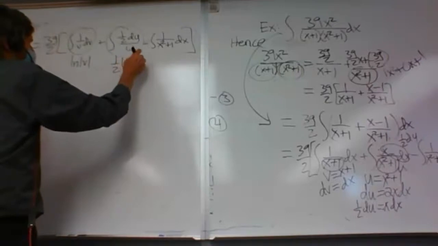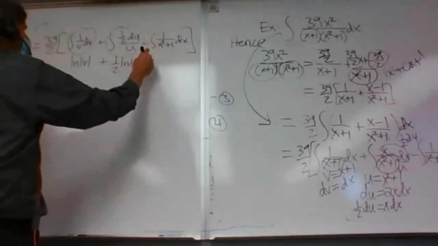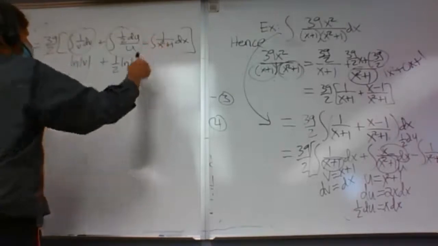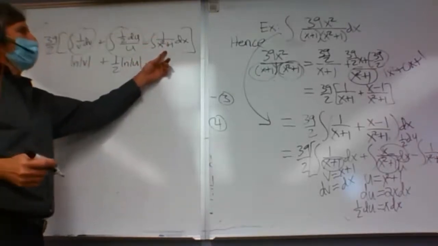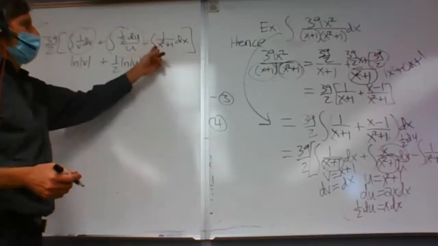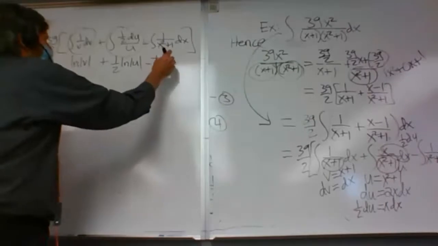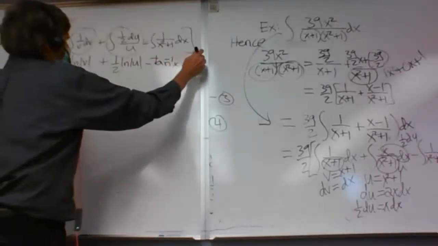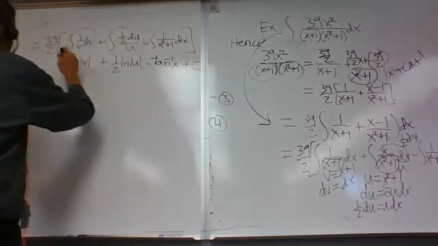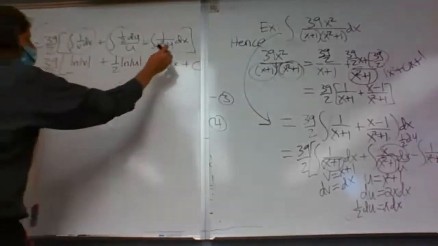This one here, the 1/2 comes out, and then you've got natural log absolute value of u. And then over here, remember what this one is? You need this one for this assignment. Yeah, arctangent. The derivative of arctangent was 1 over x squared plus 1, so the integral of 1 over x squared plus 1 is arctangent. Yeah, you have to memorize that one for this section. And then there's plus c when I remove my last integral, right?